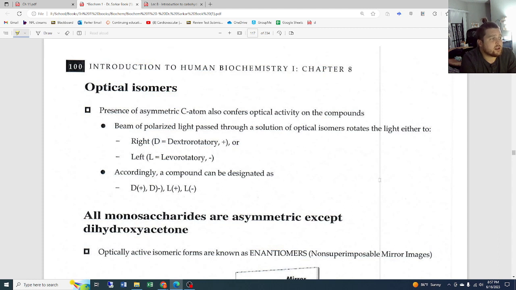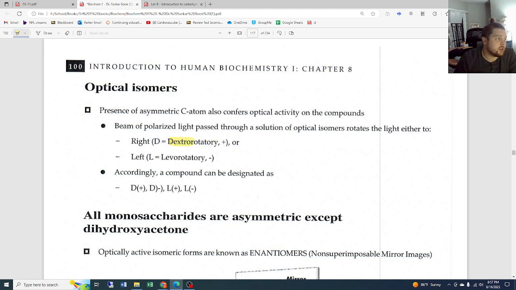So a beam of polarized light passed through a solution of optical isomers rotates the light either to the right, D, dextrorotatory. Remember this prefix, dextro.